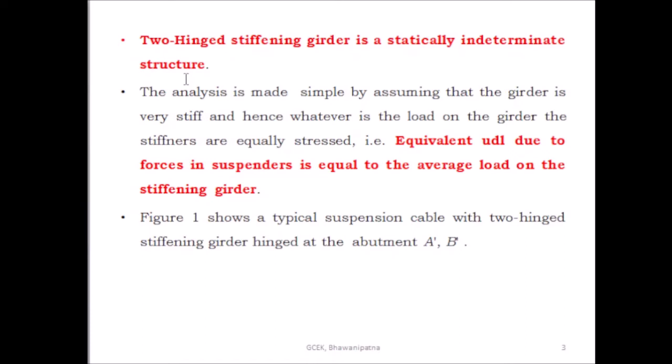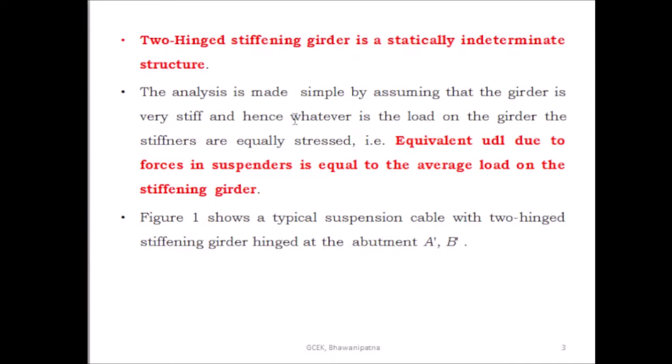We require three equations to determine the three unknowns. However, only two equations based on static equilibrium are available. In the case of a three-hinge stiffening girder, because of the central hinge, the moment about the hinge is 0. This condition gives the third equation, and such a condition is not available for a two-hinge stiffening girder.